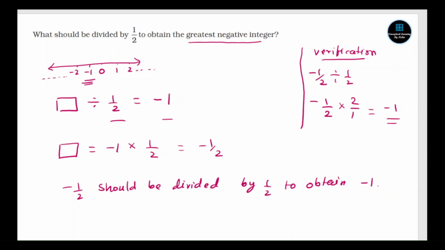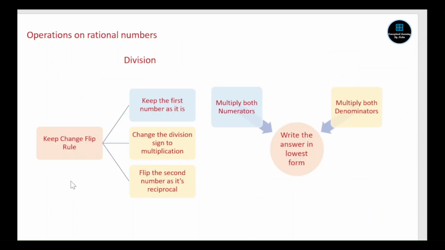Now division. So you learned the fractions. I explain to you the keep, change, flip rule. Keep, change, flip means what? Keep the first number as it is, change the division sign to the multiplication sign, and flip the second number, meaning take the reciprocal of the second number, and then do the multiplication. Let's take one example. I want to divide -2/3 by 1/3.